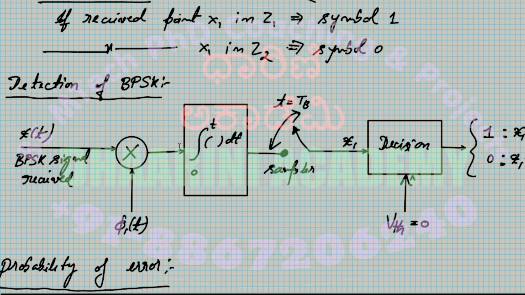I don't want all the continuous symbols, I want the sample, so you sample and obtain the sample as x1. Depending upon x1 and comparing with the threshold, you give a decision. Altogether, integration plus this multiplication is called a correlator.